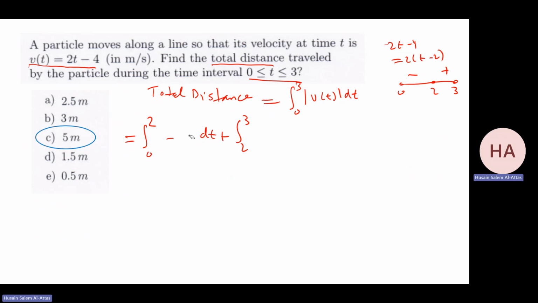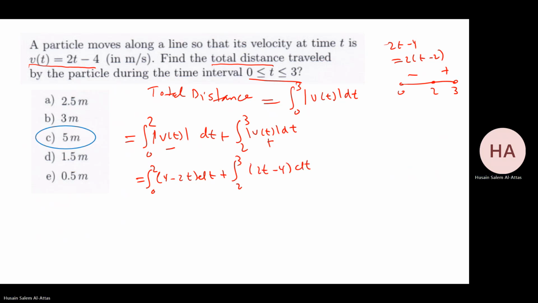Or let me do it in details. Absolute value of v of t dt, and this is absolute value of v of t dt. This is negative, this is positive. So 0 to 2, 4 minus 2t dt. Here I have 2t minus 4 dt.